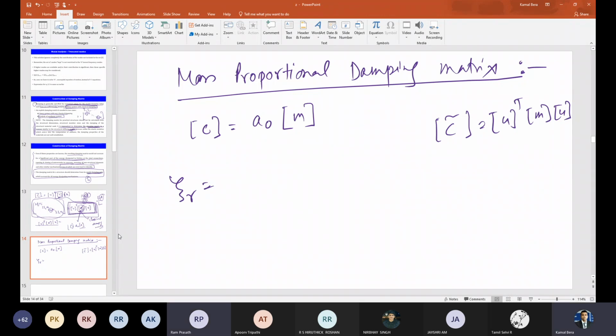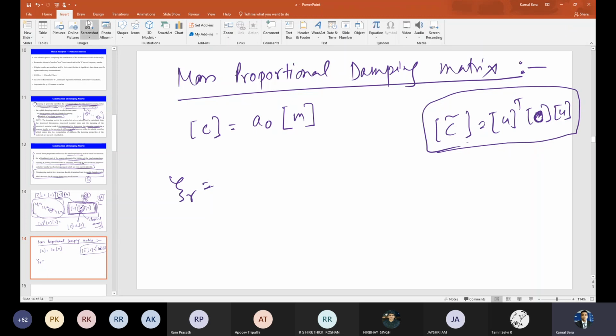Shouldn't it be A naught M, like U transpose A naught M U? You are giving the value of C hat, zeta? No, sir, I'm telling about that C hat. Yes, this too we know already, right? Yes, sir. So that should be A naught M. Oh, sorry, this is C. Sorry, I made a mistake. Now tell me, what is zeta?